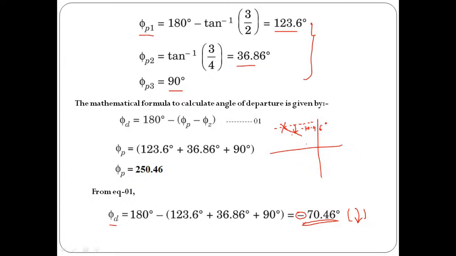I hope this point is clear to everyone. So the moment we came to know that the angle of departure for this particular pole is minus 70.46, suppose if you take this pole as a reference pole, then if you apply the same logic you will get the value of angle of departure as plus 70.46 degree, and plus means it will be in anti-clockwise sense.